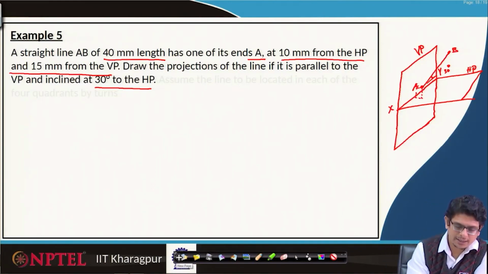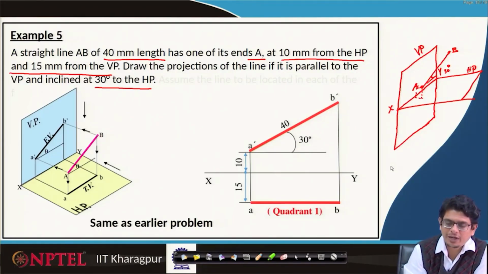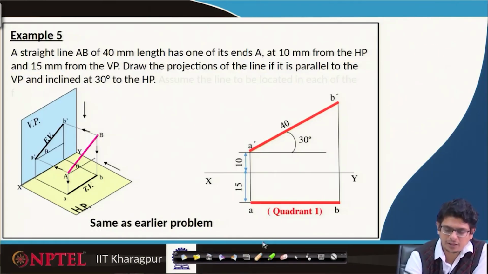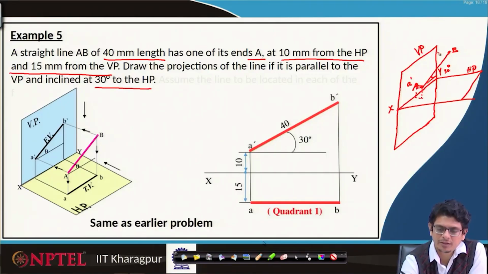So, let us look at that. If we do that, same as earlier problem, we will get that this 30 degrees line, the 30 degrees angle, we will be in a position to see projection here A prime, projection B prime. So, join A B prime, we see it like 30 degrees there.